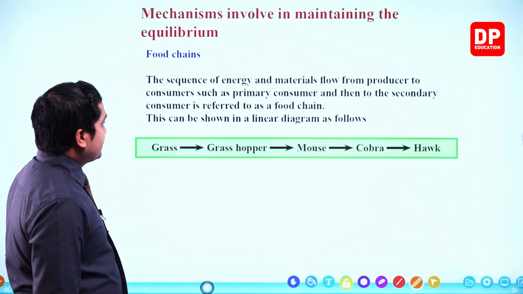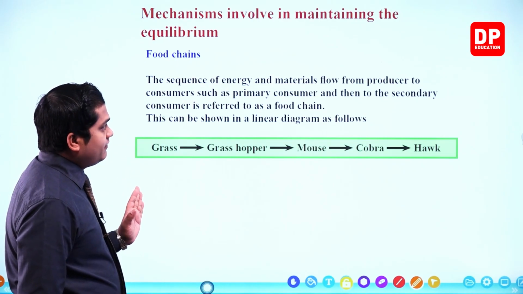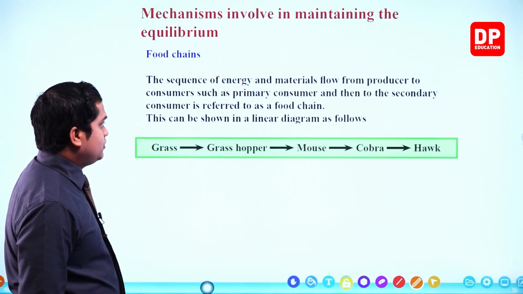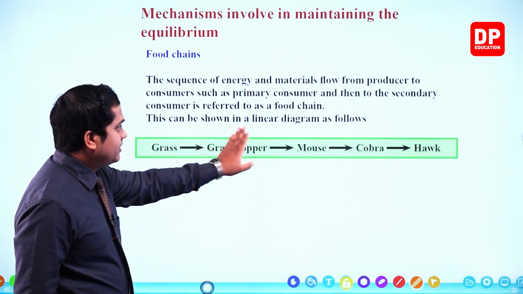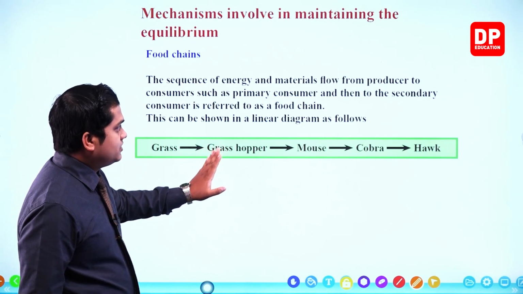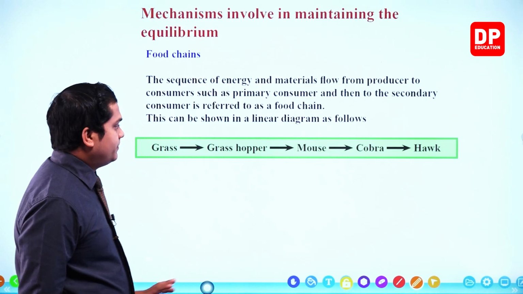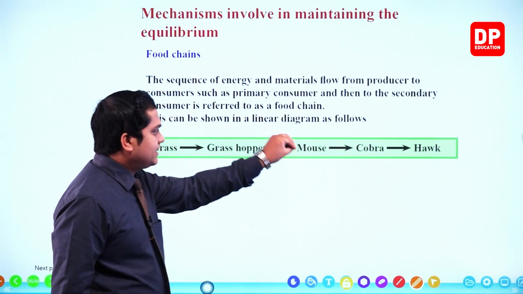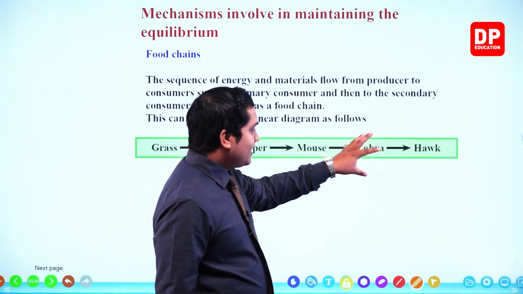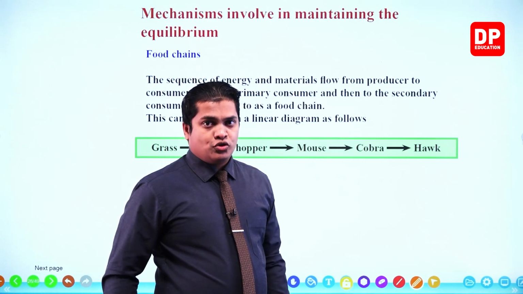So here this is going to show the sequence of energy and material flow from producer to consumer, such as the primary consumer, the first and foremost consumer. Then the secondary consumer. This is the producer, primary consumer, secondary consumer, tertiary consumer, then quaternary or any other fourth level consumers.